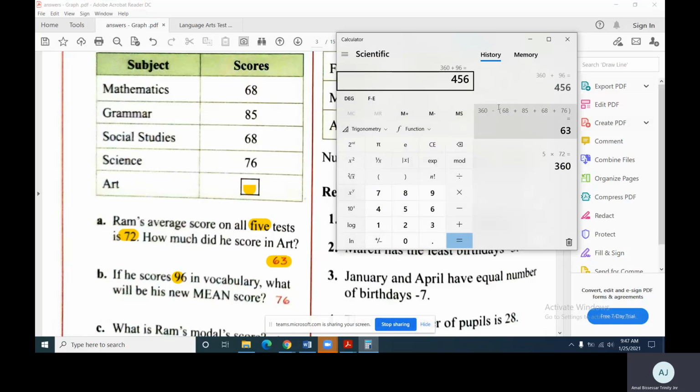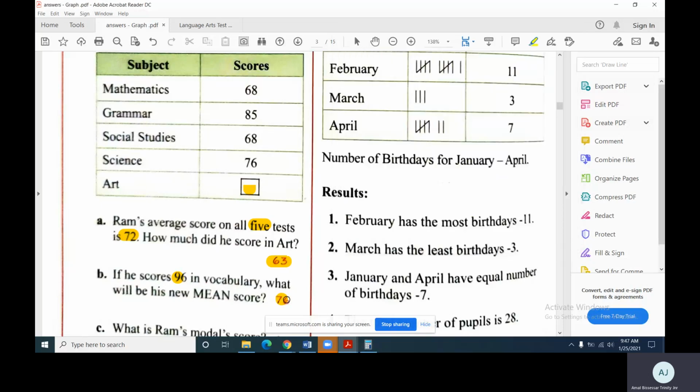So his total went up to 456. But now I have 1, 2, 3, 4, 5, and vocabulary, 6 marks. So I'm dividing by 6 instead. So the new mean is 76.